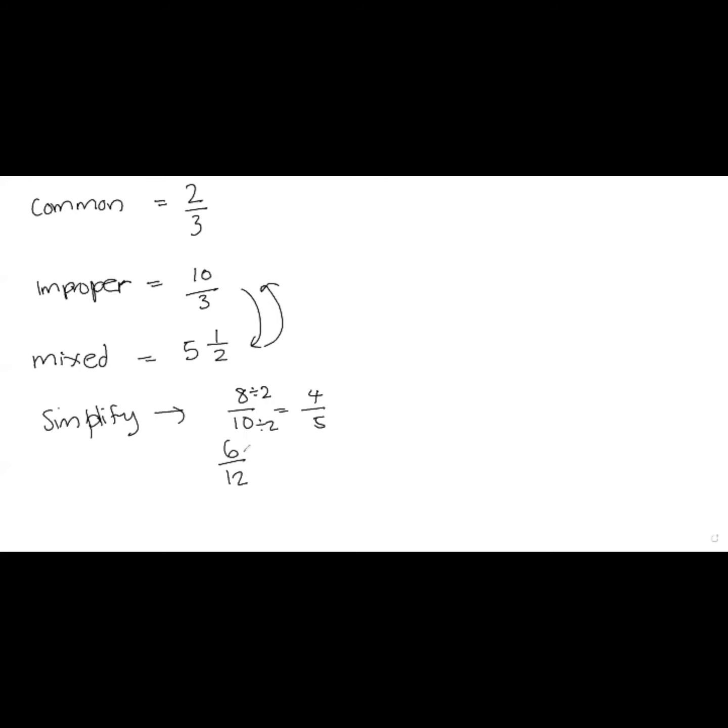But here I can either divide by 2, I can divide it by 3, or I could divide it by 6. So which one would be the biggest? I'll take the 6. Because if I divide it by the biggest one, then the fraction will be in its simplest form or the smallest form. So I'll divide by 6 and divide by 6. 6 divided by 6 is 1, and 12 divided by 6 is 2. So 6 over 12 is the same as 1/2.